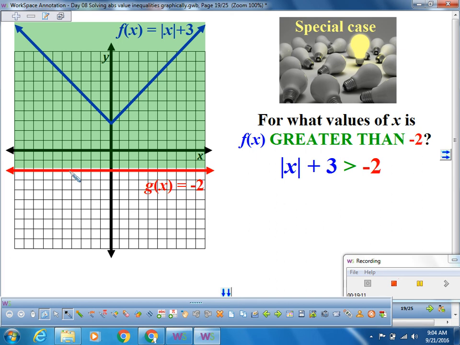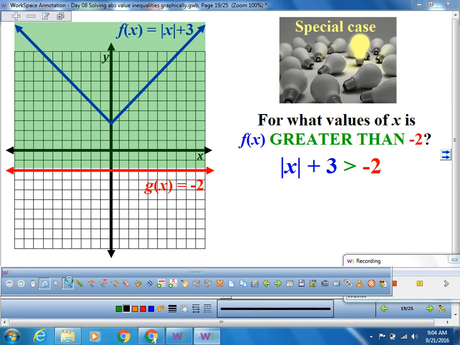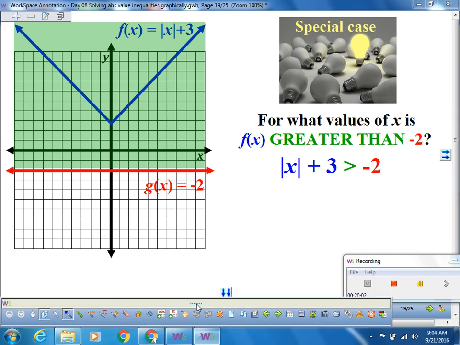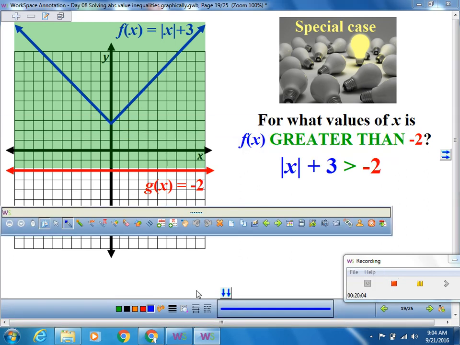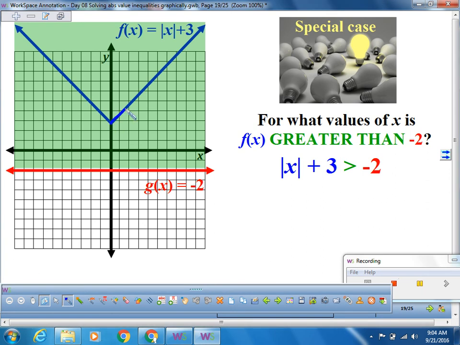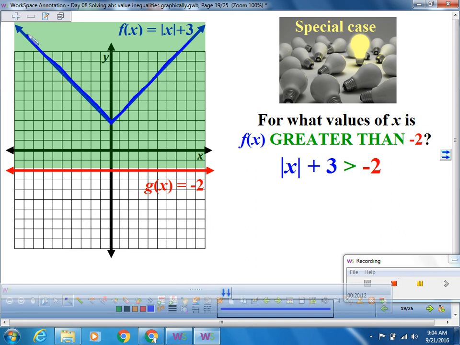If I'm right here on the graph, am I above the red line? Here, here, here, everything, the whole graph in both directions. So I would say x is an element of all real numbers. Okay, so that's one special case.